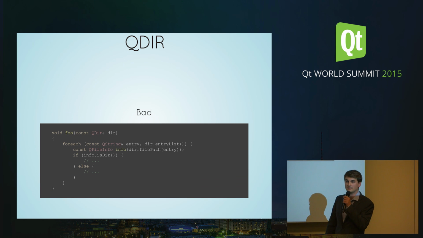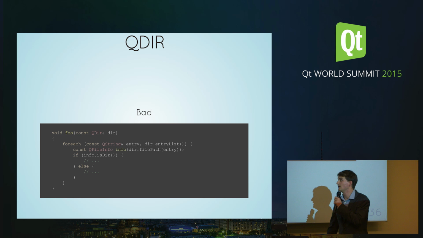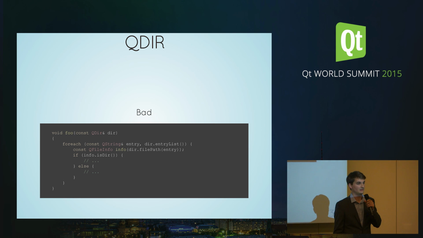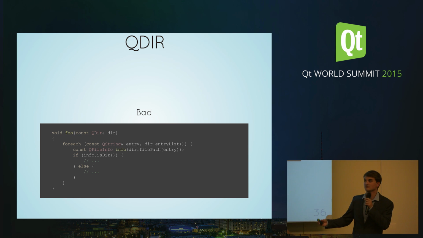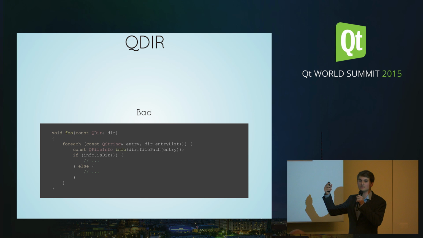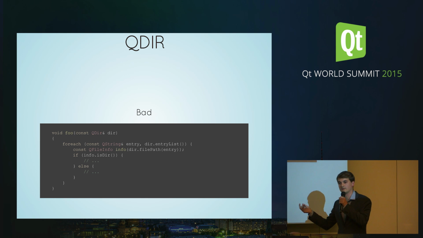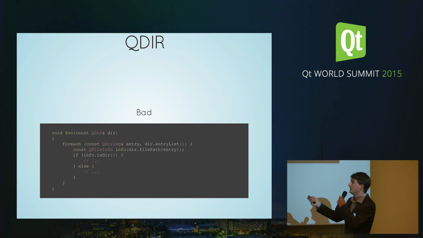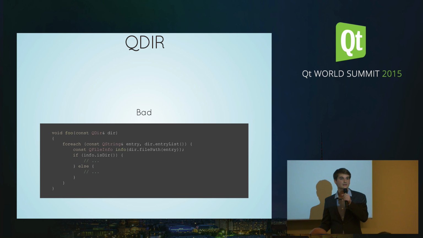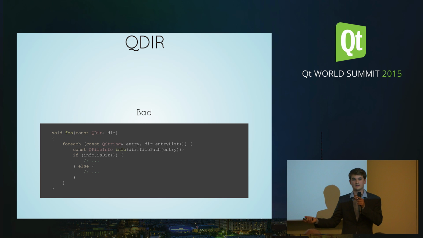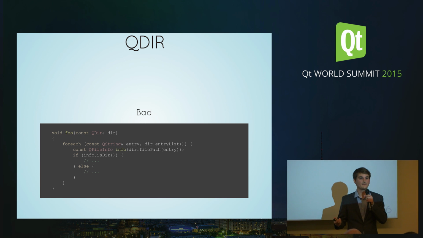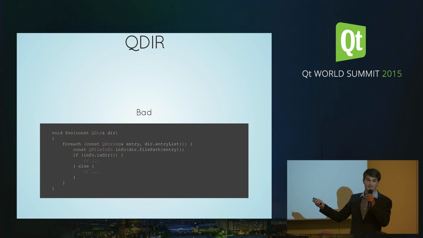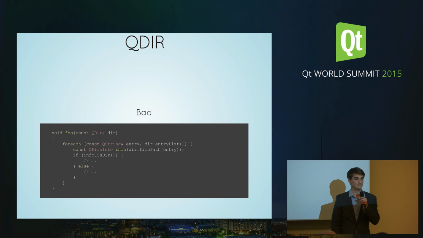Okay, and then I think I'm getting to the end of the Qt usage. Who of you has written code like this, right? You iterate over all the contents of a directory. And what you do is you get the entry list, and then maybe you want to figure out, is the entry actually a directory or a file, and then dispatch to subsequent functions. I've seen this pattern a lot. I wrote it myself a lot as well.